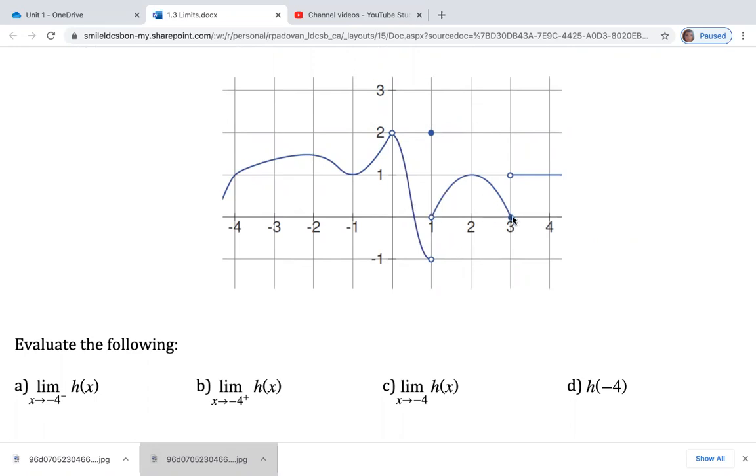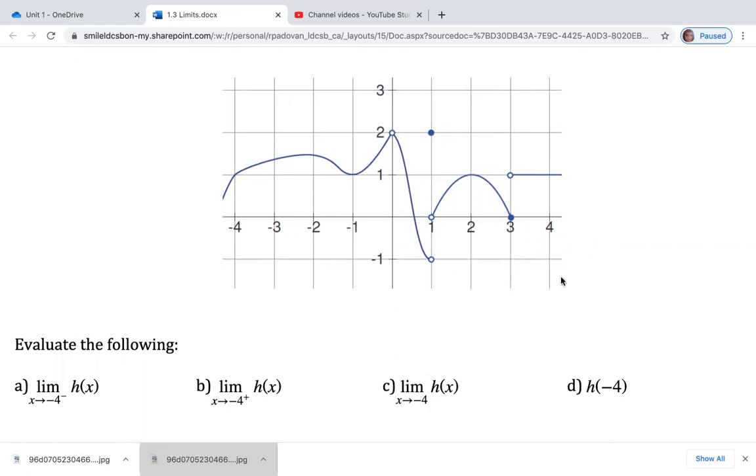So let's say here I am, I'm approaching an x value of 1 on my function. I'm approaching a y value of 0, right? So my j is equal to 0. So therefore my limit values are different for i and for j. So then my limit as x approaches 1 does not exist.